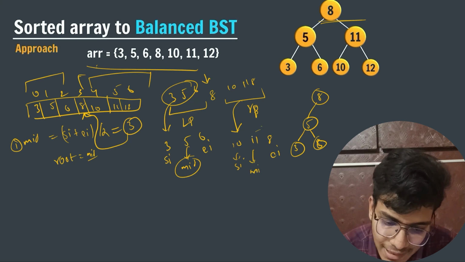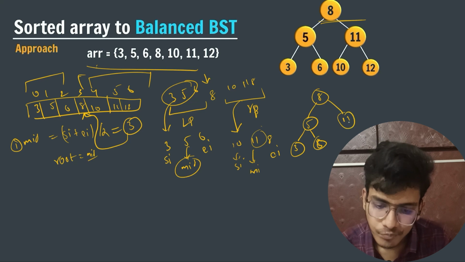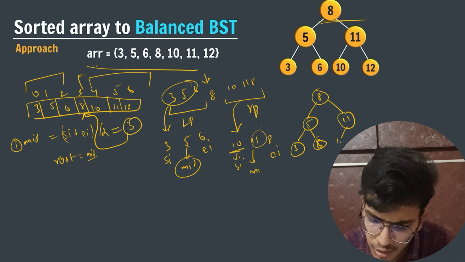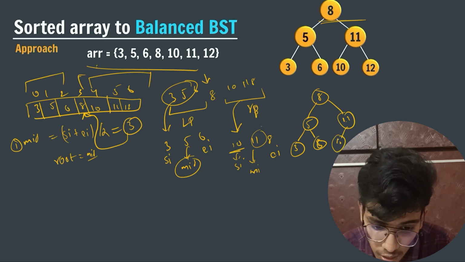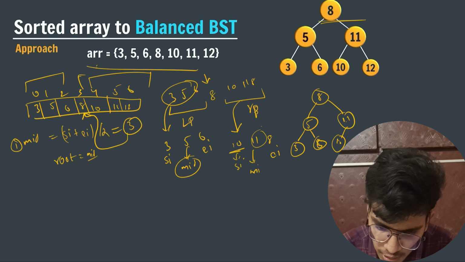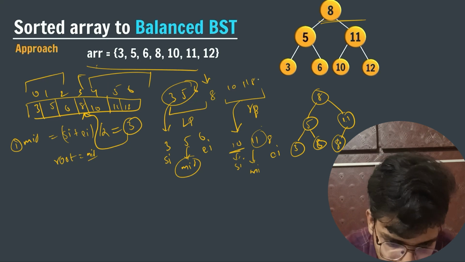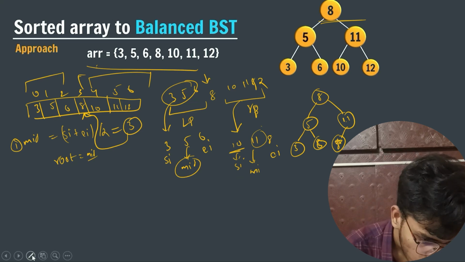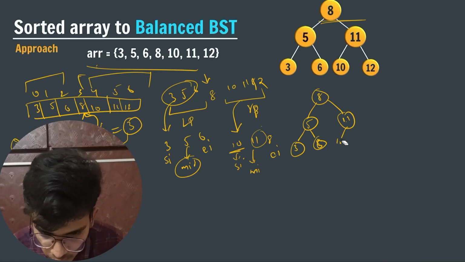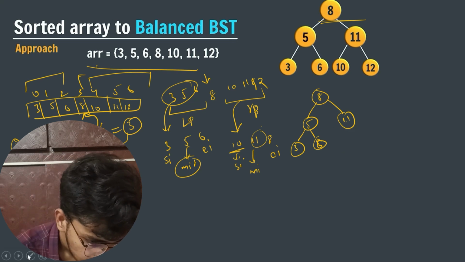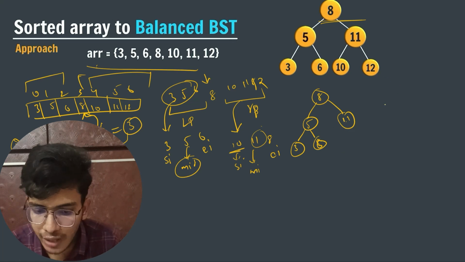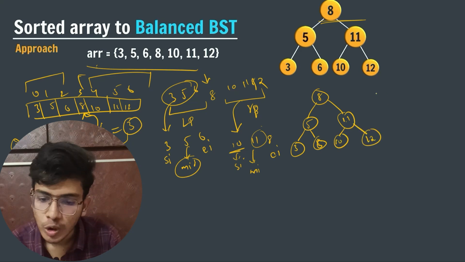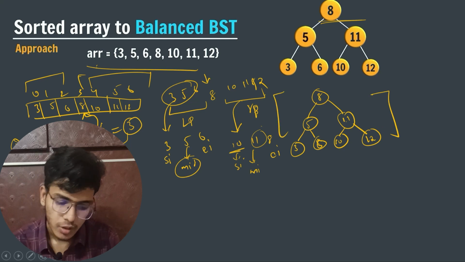Here I will add the mid element, 11, as the subroot. The starting part has only one element, so I will add 10 as the left child, and after that I will add 12 as the right child. This is actually 12, not 8. So this is how I will form my BST. I hope it is understood.